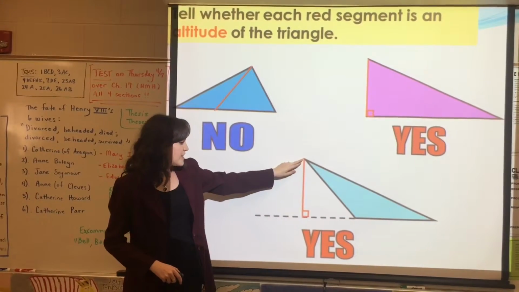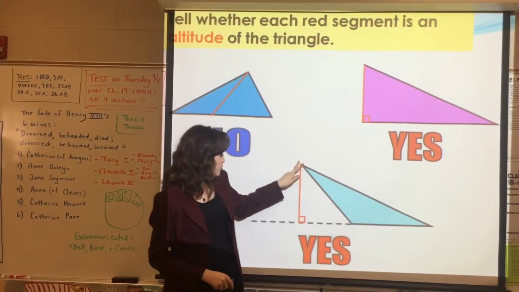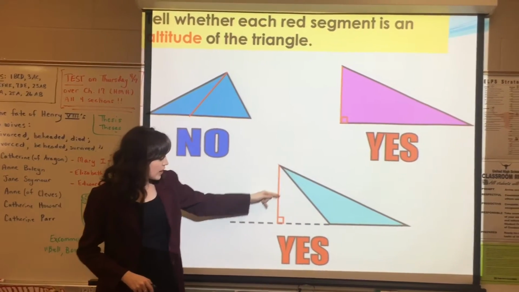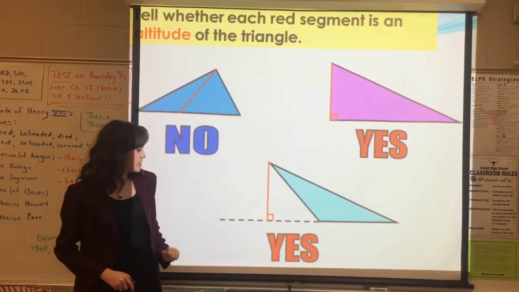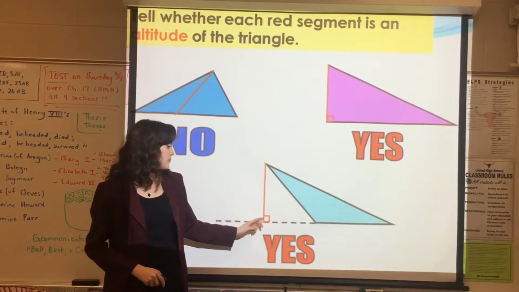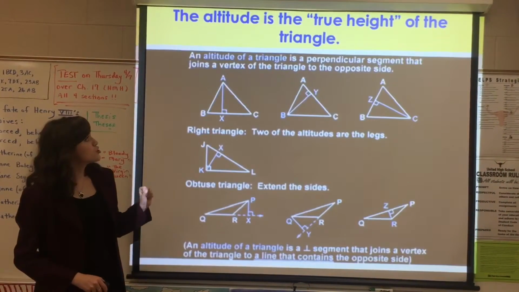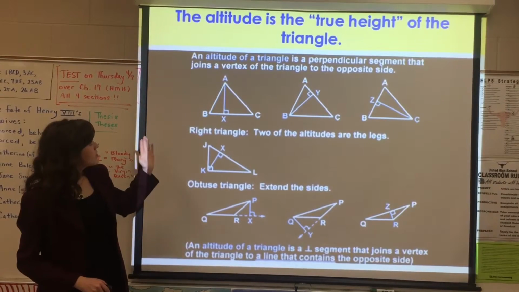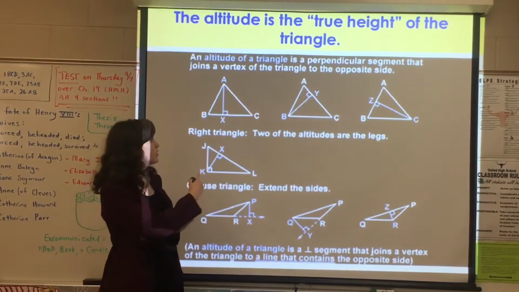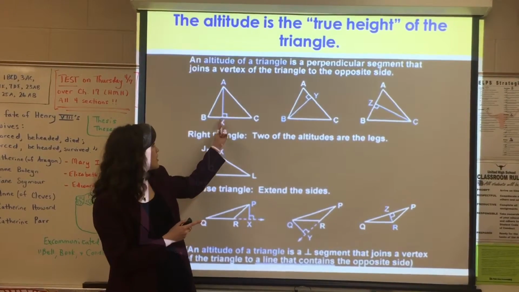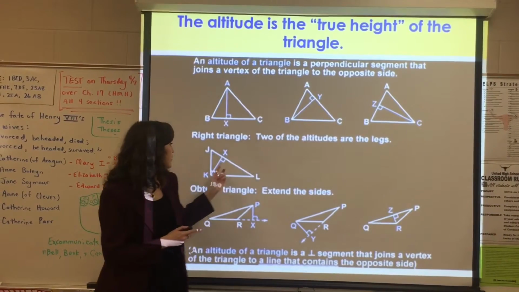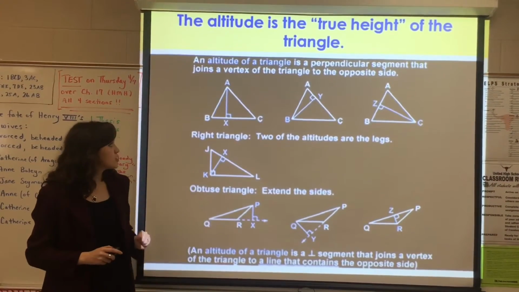You can still have the altitude. If it's like this, you just create the showing of the true height and creating a perpendicular. You're creating a 90-degree angle here. The altitude is the true height of the triangle. So now these are just some examples of showing the altitude here with these different triangles. So you guys take a second to look at that.